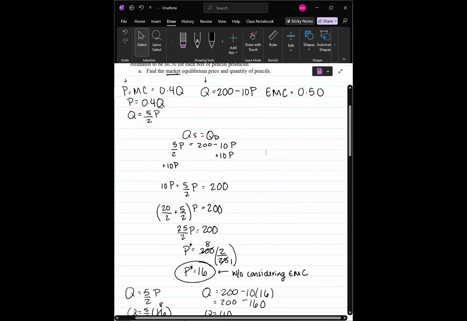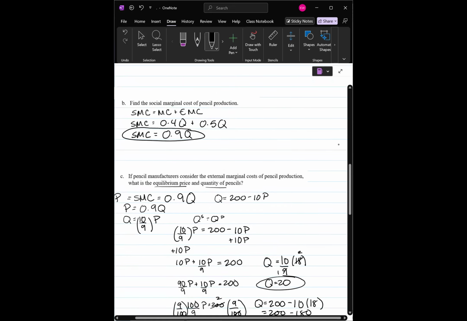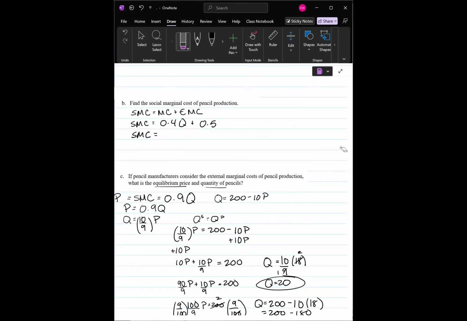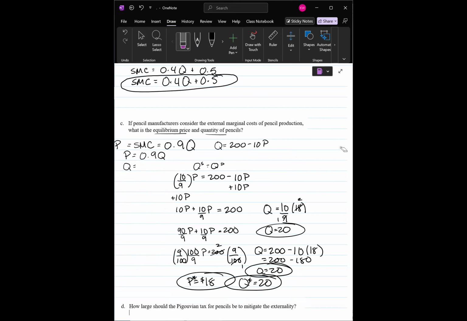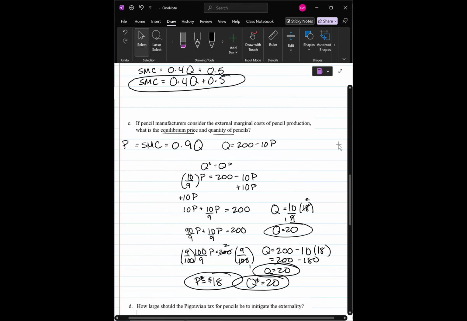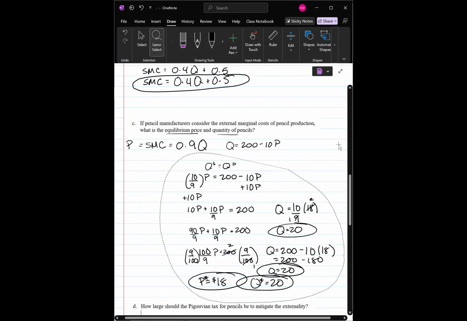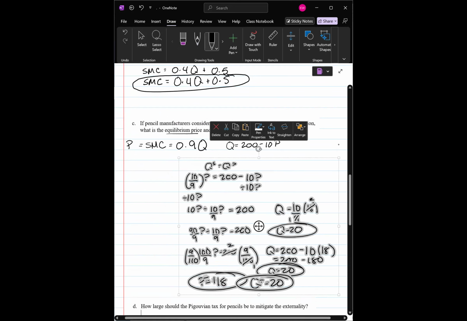And so when we find the social marginal cost here, we're going to have 0.4 times quantity plus 0.5 as our answer. And that means now that our market price that we found and our quantity is not correct. So why don't we go back and revise this here? And I'll just replace that previous video.